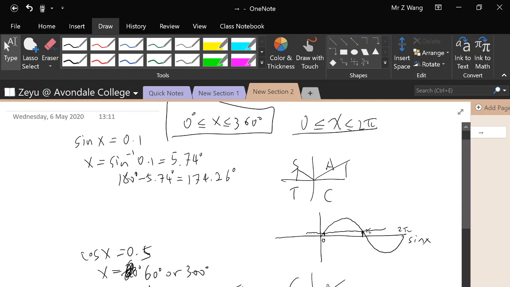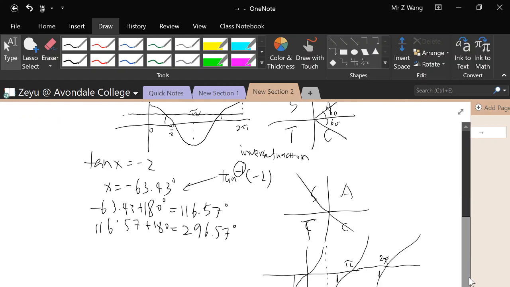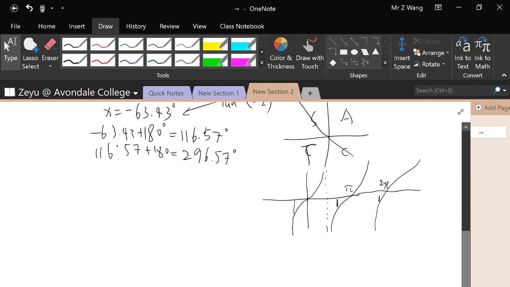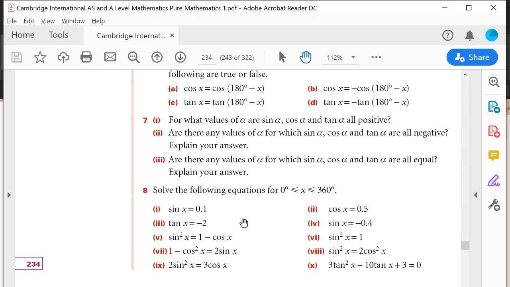And there is indeed an algebraic aspect of it. So you have to realize 180 minus x will give you the same sine value. And you use positive and negative angles to get the same cosine value. So the next question is the same thing. Let's just move on to question number 5.